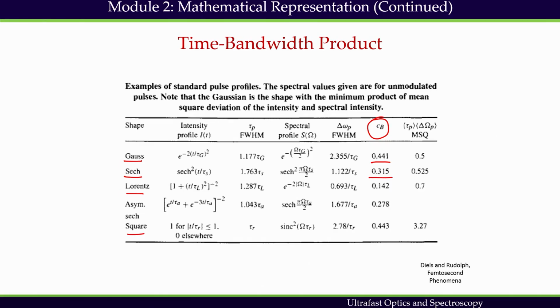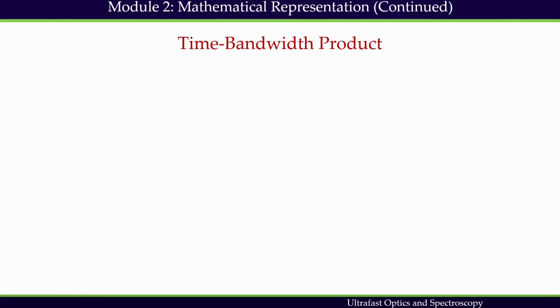We have to remember that we have to assume a pulse shape first, then corresponding time bandwidth product we should use. We should not mix these numbers. For delta nu, delta t, if we assume that it is a Gaussian pulse, then I can write down this time bandwidth product for a transform limited pulse.